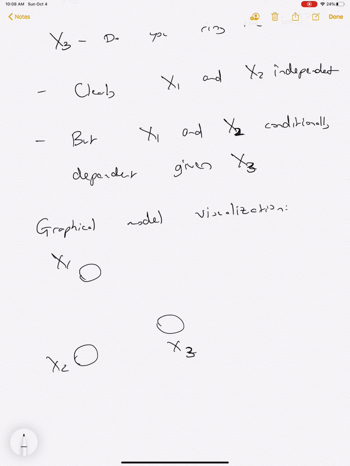But what you actually have is the arrows going the other way. So in the previous example where we had this confounding, we had the arrows pointing from X3 to X1 and X2. Here, if you think about the procedure, if you know X1 and X2, then that tells you what X3 is.